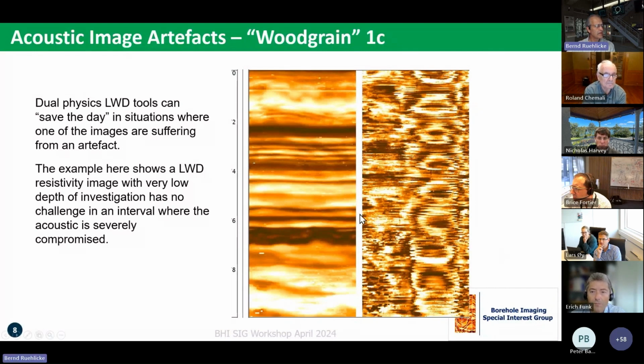So this is a good example where dual images come in very handy. There are other intervals where it's the opposite, where the resistivity image is failing and the ultrasonic is good.